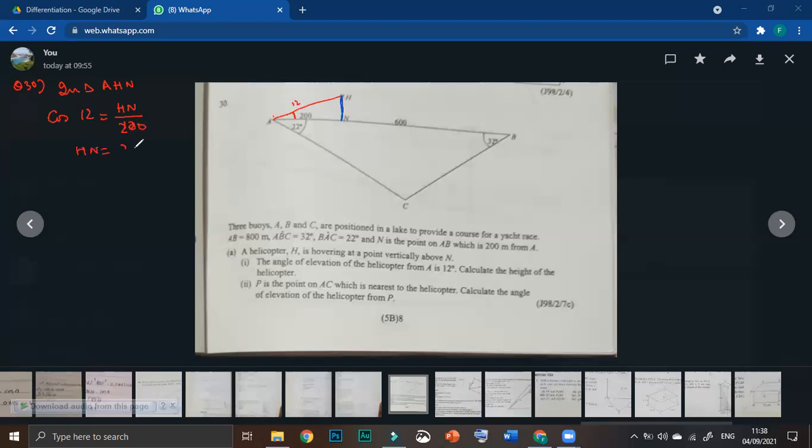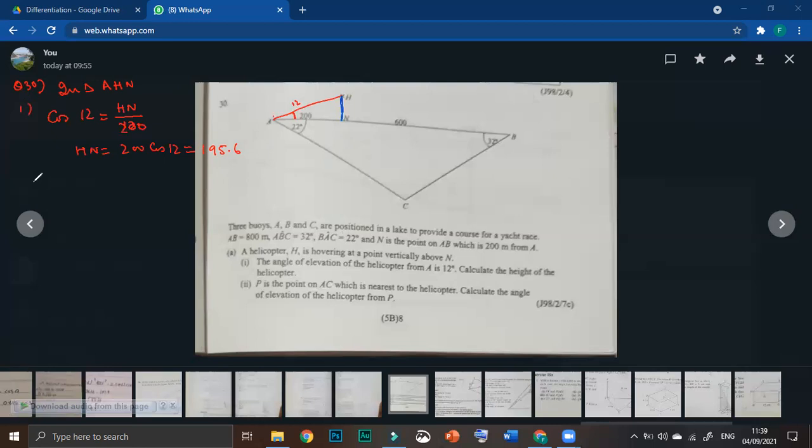What is the final answer? 195.6. 195.6 is the height of the helicopter from the ground, from the water level. Now, this one was part number 1.